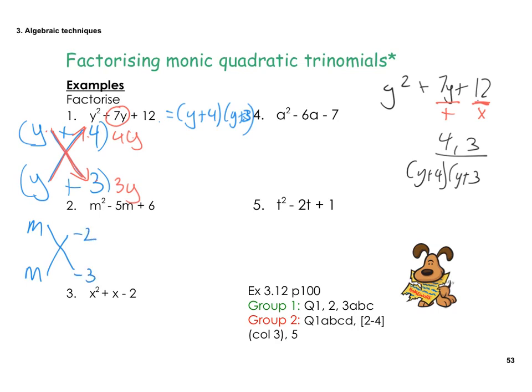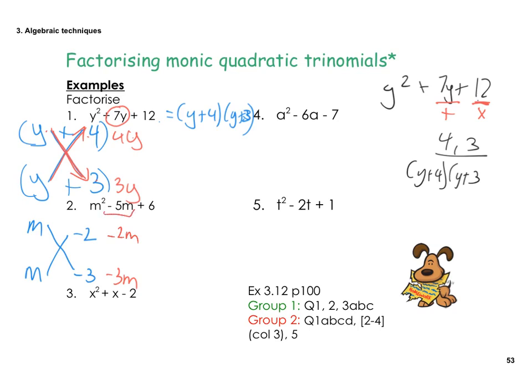We can check that. Minus 3 times minus 2 is positive 6. M multiplied by negative 3 is negative 3m. M times minus 2 is minus 2m. Negative 2m plus negative 3m is, of course, minus 5m.